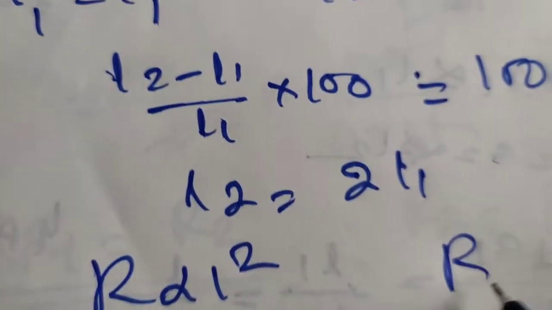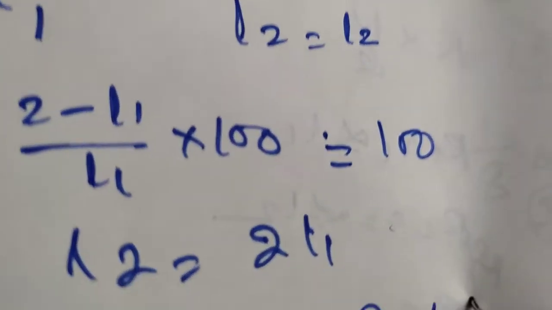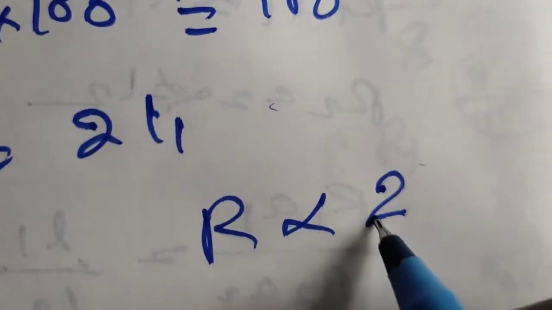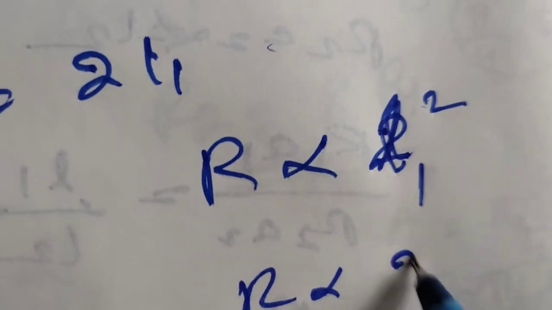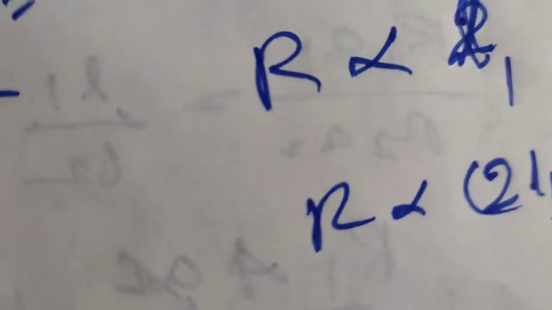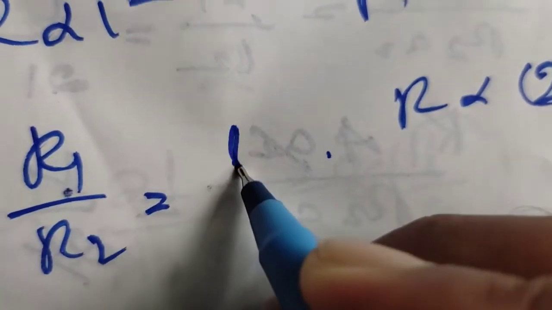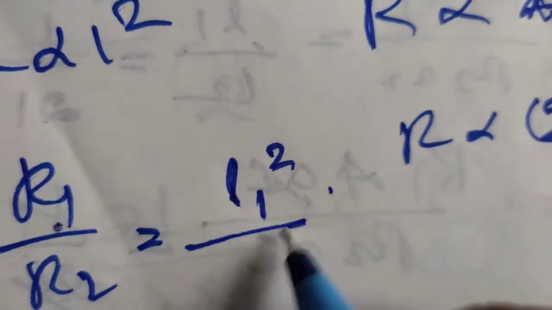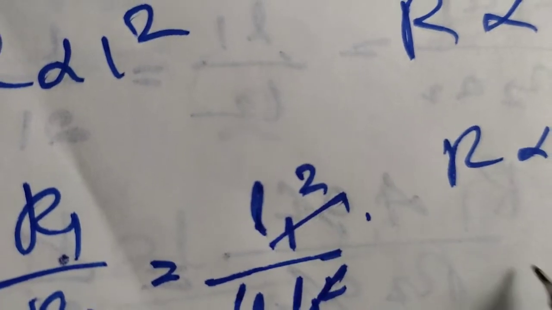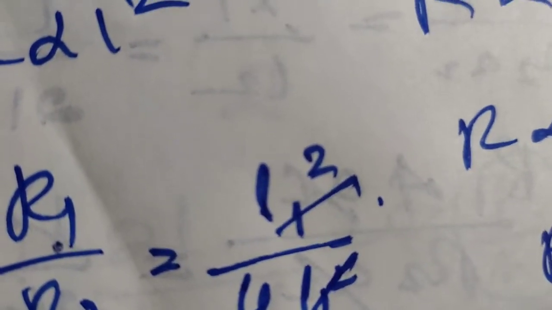Taking R1 proportional to L1 squared and R2 proportional to (2 L1) squared, R1 by R2 is equal to L1 squared by 4 L1 squared. Cancel out. R2 becomes 4 times R1.